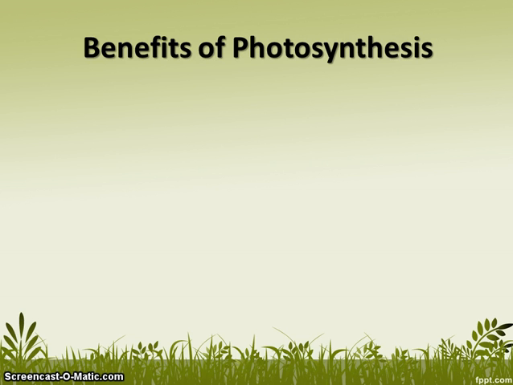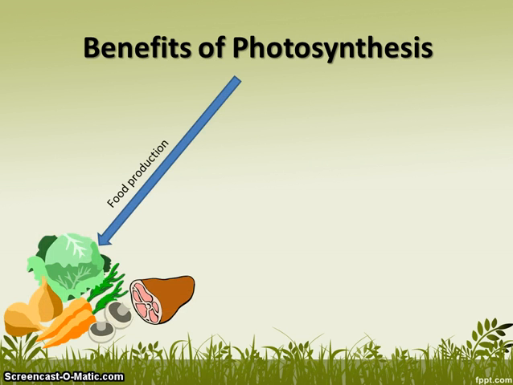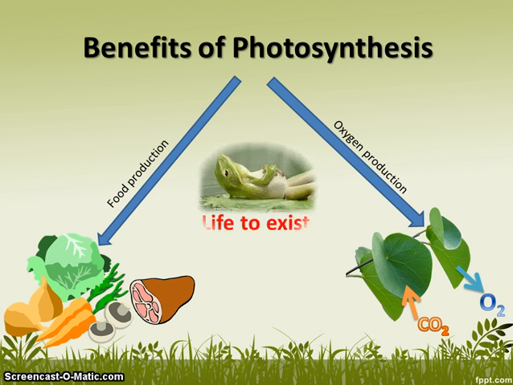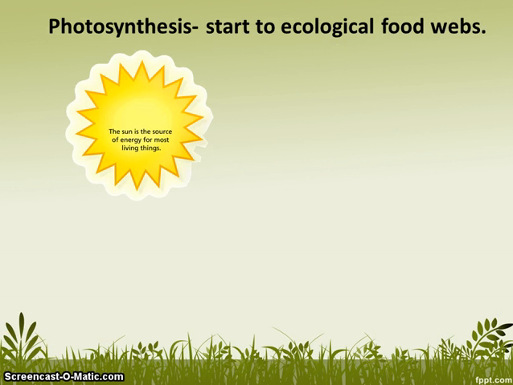Photosynthesis is very beneficial. It benefits us by giving us food and also by providing us with oxygen. We all know that food and oxygen are essential for life to exist on Earth.